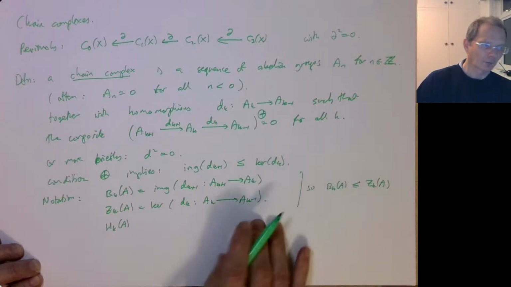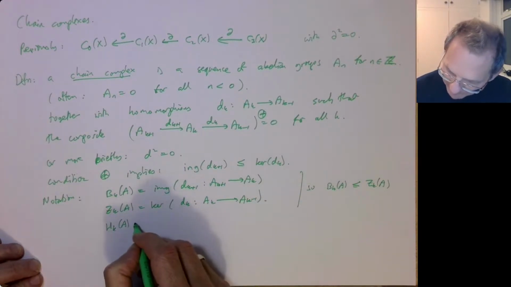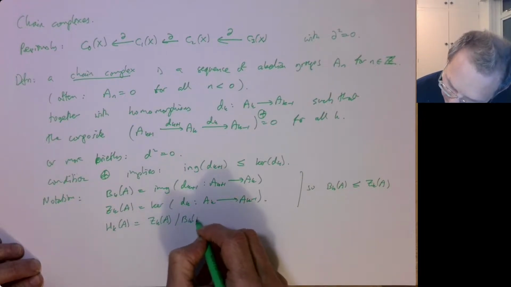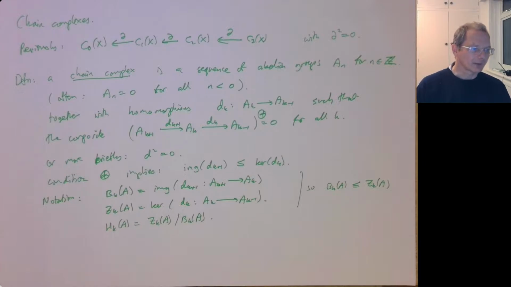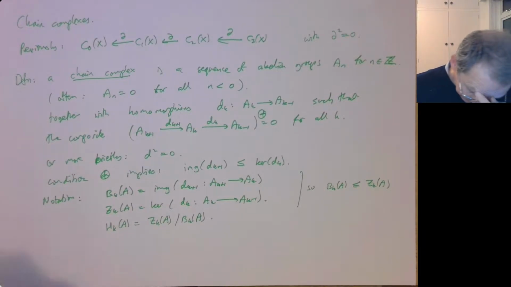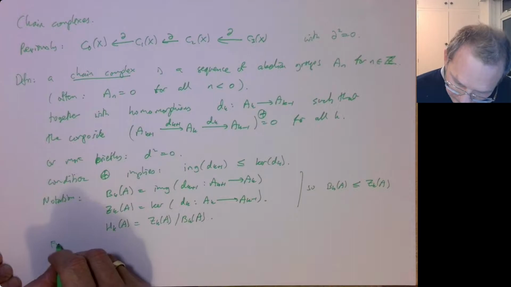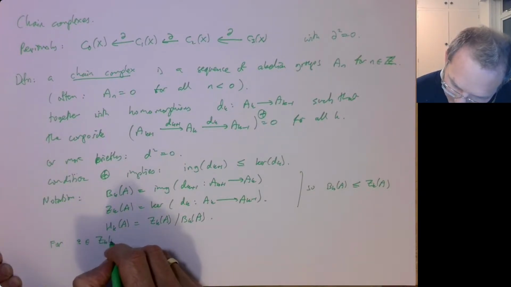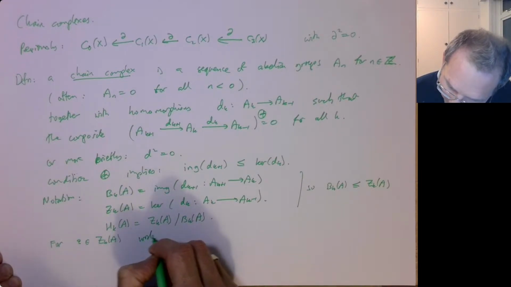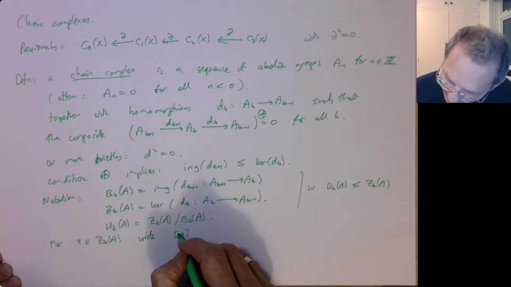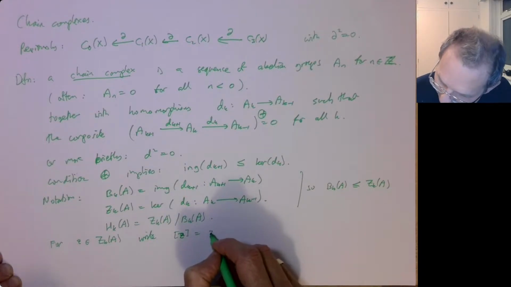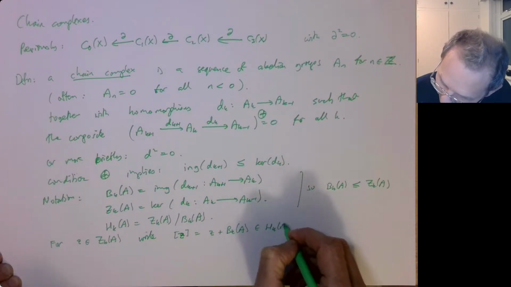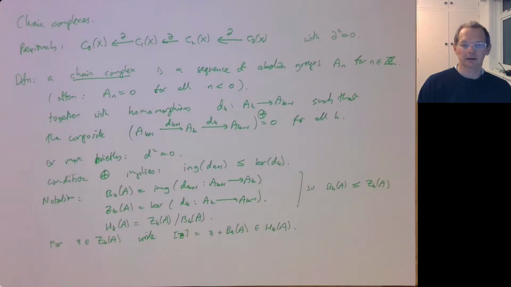So you've got 2 abelian groups, one inside the other, and so it's meaningful to take the quotient group Z_k(A) mod B_k(A). If we've got some element little z lying in Z_k(A), then we'll write square bracket z for the coset z plus B_k(A). So that's an element of the quotient group H_k(A).